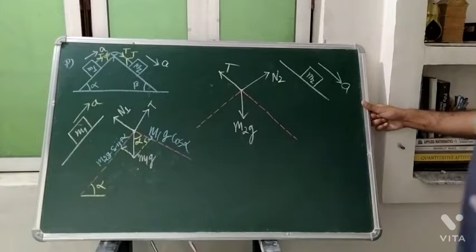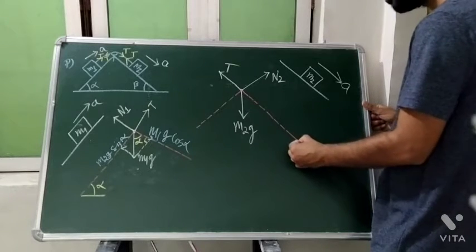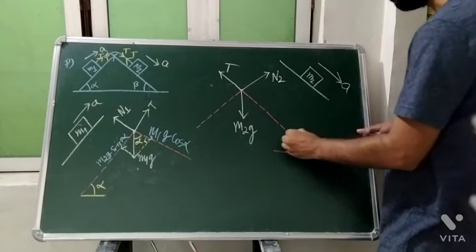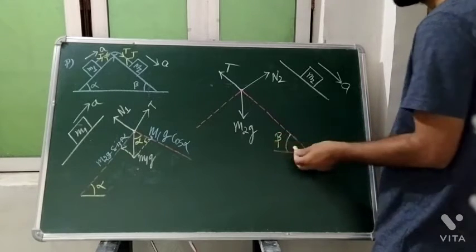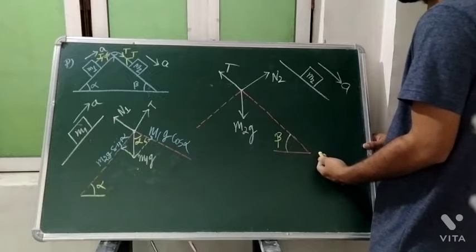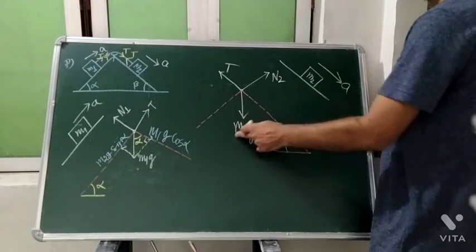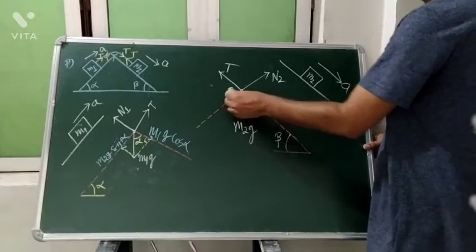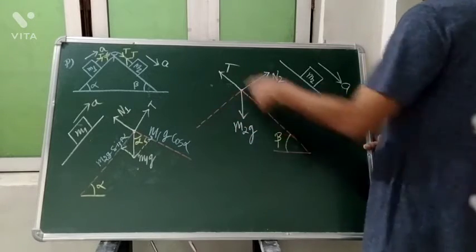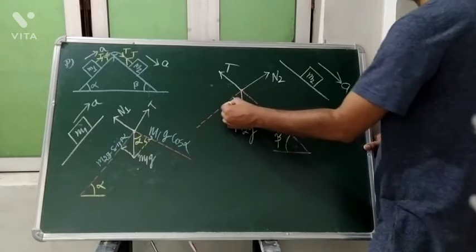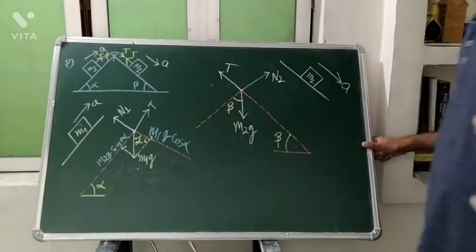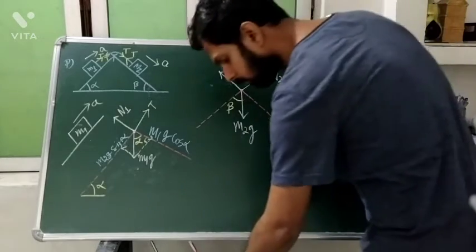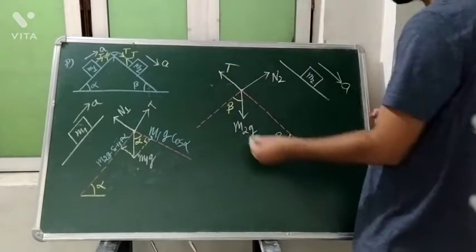And this surface is making beta angle with the horizontal, with the ground. So of course this M2G is going to make the same beta angle with the perpendicular of the contact surface. So this one will become beta. And when we resolve it, what will we get?